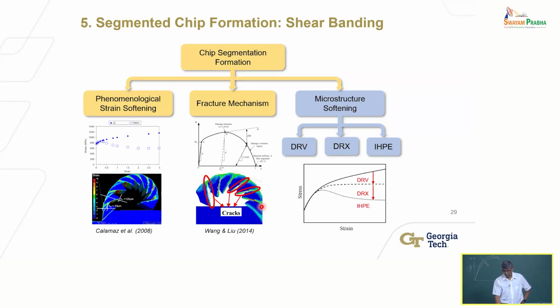Now, let's not worry too much about the details here. In order to predict this phenomenon, one way is to account for what's happening in the material: dynamic recovery, dynamic recrystallization, which I referred to earlier on, and something called a softening effect, which is an inverse Hall-Petch effect. The Hall-Petch effect says the smaller the grain size, the higher the strength.